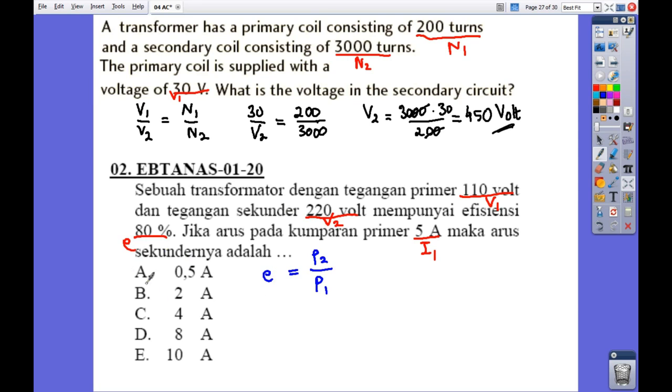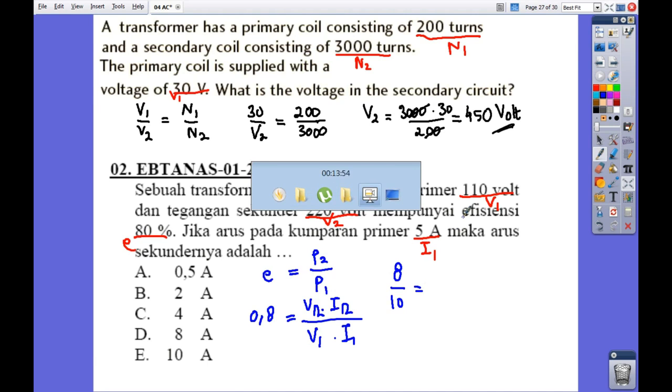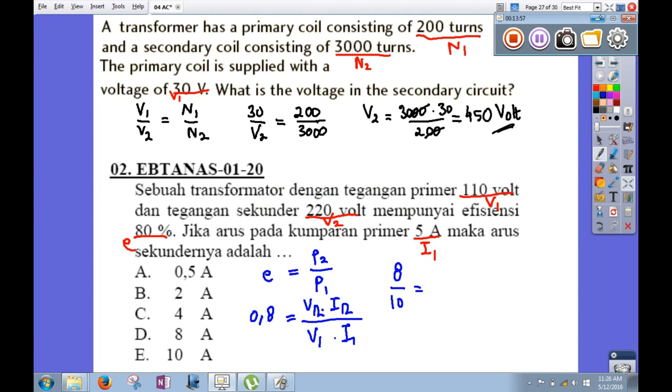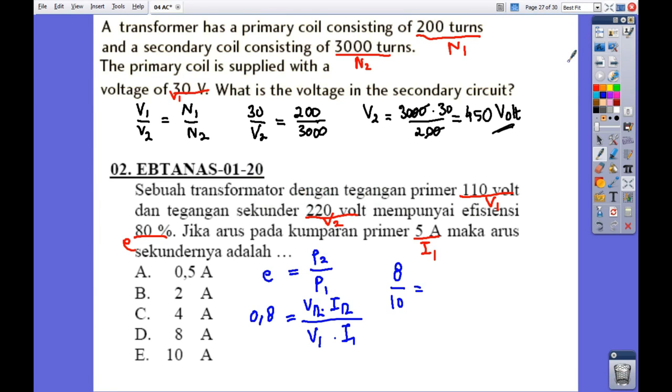Efficiency here is given 80% or 0.8, while the power is V2 times I2 over V1 times I1. 0.8 means 8 over 10 equal to V2 I2 over V1 I1. Let's continue again. I'm so sorry.